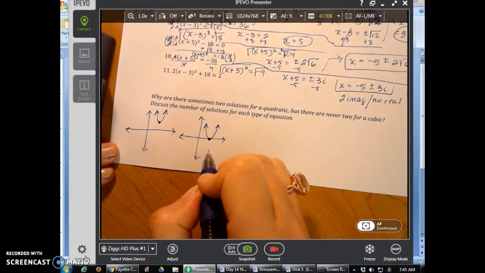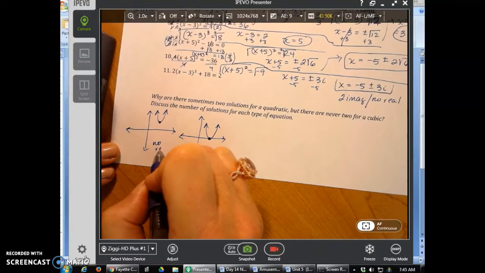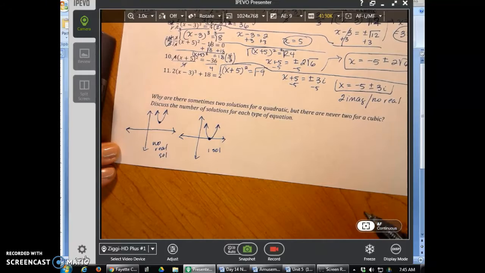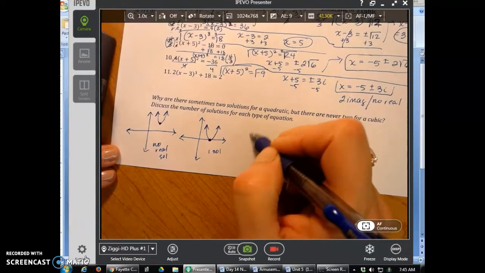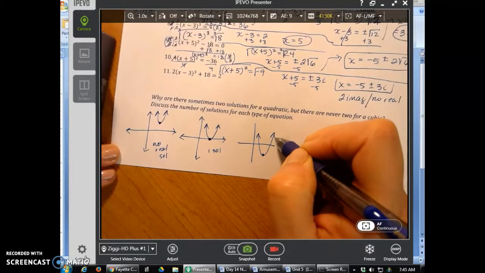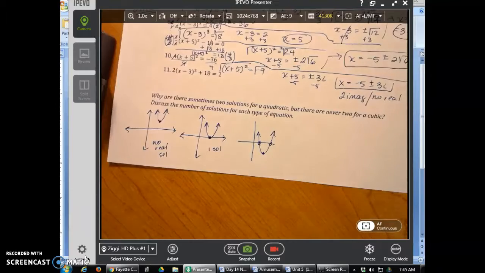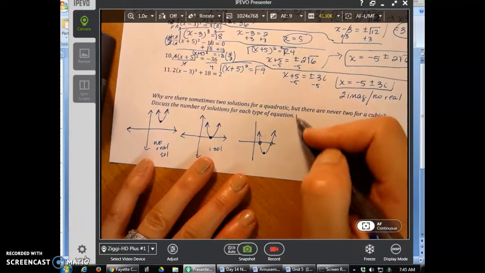So there's one real solution. It's called a double root. Here, there's no real solutions. And then I could also have the scenario where I have a graph that crosses twice. So that's where most of these two real solutions are coming from. Sometimes there are two rationals, sometimes there's two irrationals.